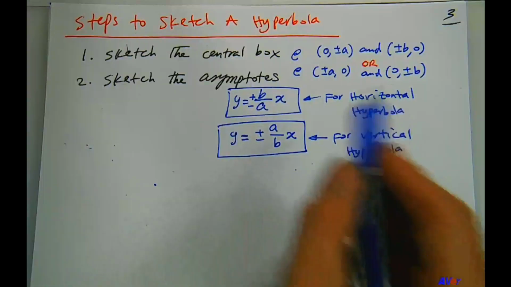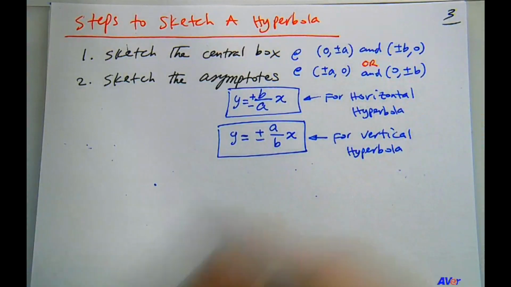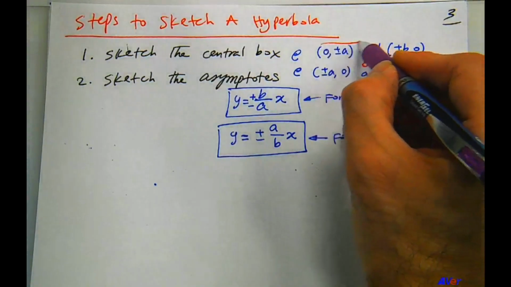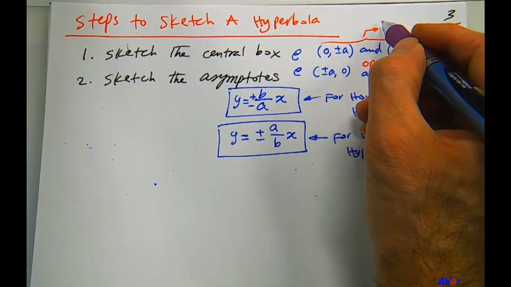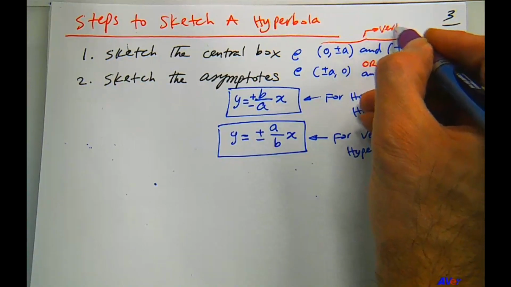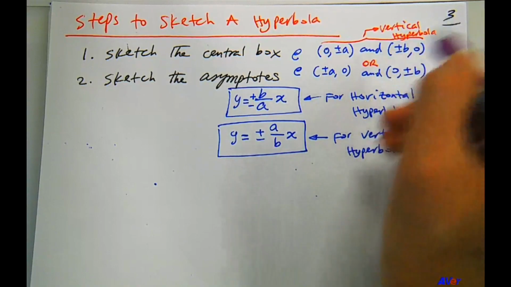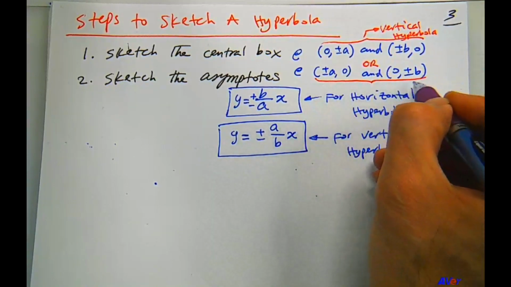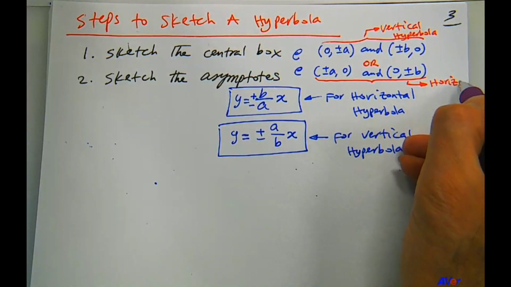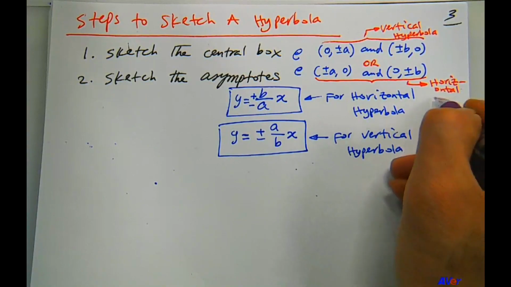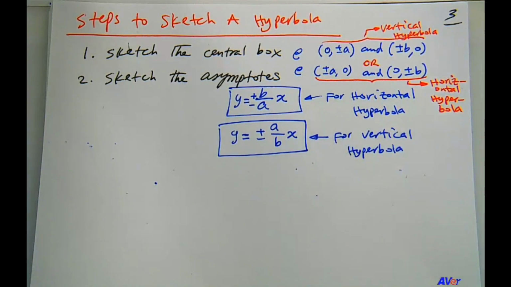Depending on what kind of hyperbola we have, right? So with this kind of information, our hyperbola is vertical. With this one, our hyperbola is horizontal.